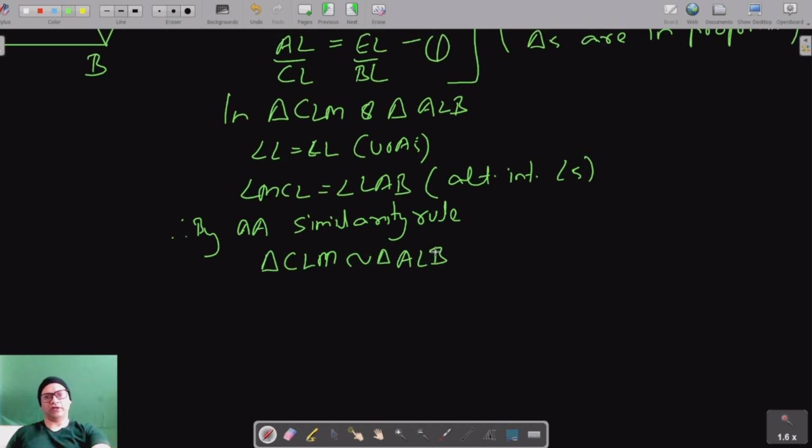Now, if triangle CLM is similar to triangle ALB, that means CL by AL is equal to CM by AB.